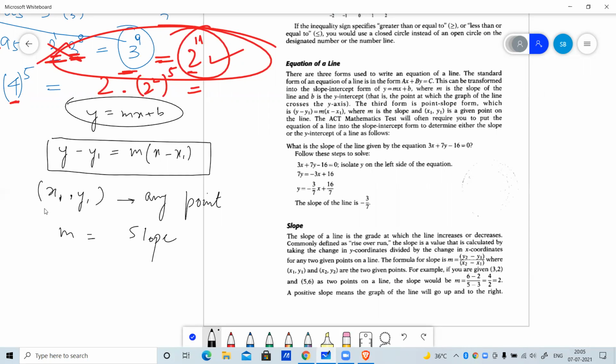So we are using any point and slope. That's why we call this point slope form, because we are using the coordinates of the point x1, y1, and the slope m.